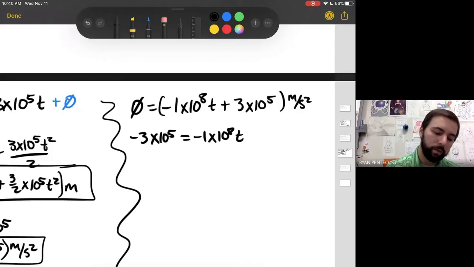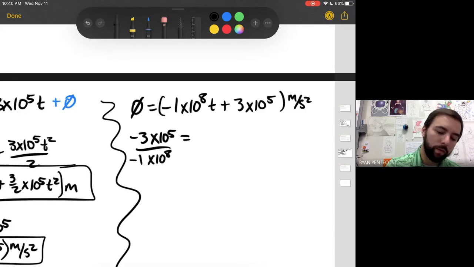Now divide. So then you would have negative 3 times 10 to the 5th divided by negative 1 times 10 to the 8th to give you t. Put that into your calculator. Or you can just do the exponent math. Let me show you how to do that. You can take negative 3 divided by negative 1 is 3.